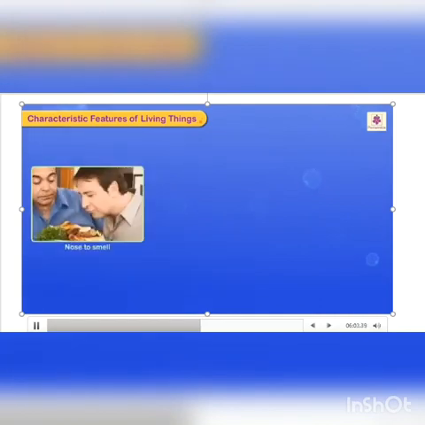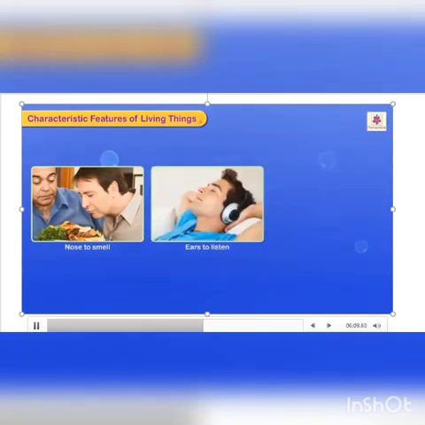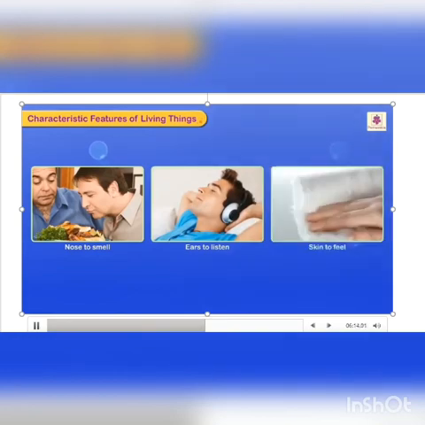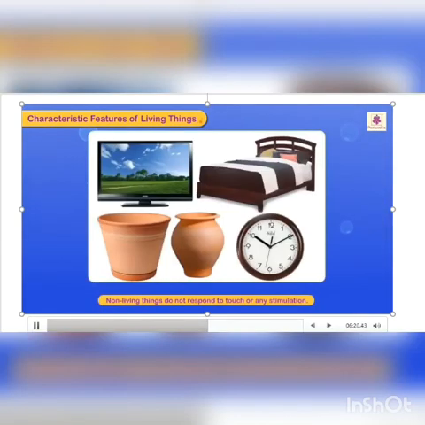You have a nose to smell the delicious food your mom cooks, ears to listen to your favorite music, and skin to feel soft or hard surfaces. Non-living things do not respond to touch or any stimulation.